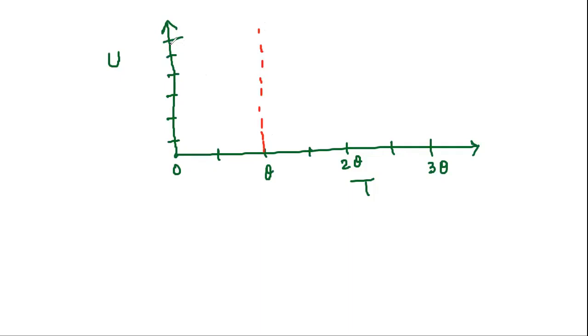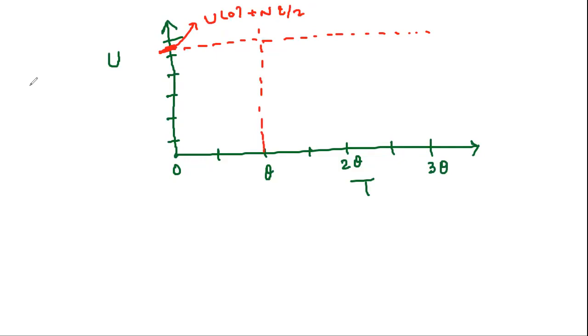This is another line. Let me draw it. Then this is the maximum internal energy here. This has a value U of naught plus N epsilon by 2. I will explain how.